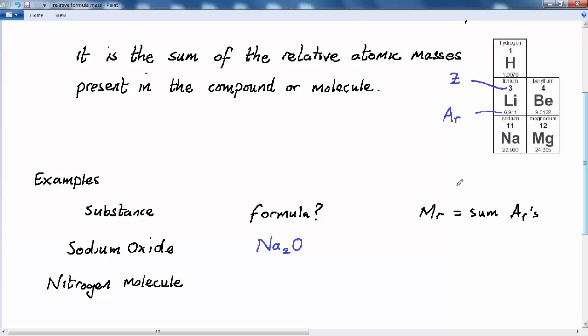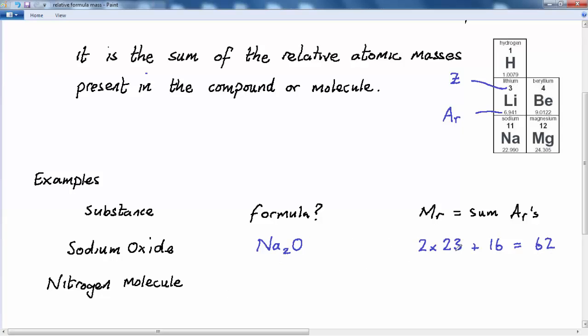So in the case of sodium, you'll notice here that it's 22.99. Well, we'll round that off to 23. And we have two sodium atoms present in the compound. So that will be 2 times 23 plus 16 for oxygen, which will be equal to 62.